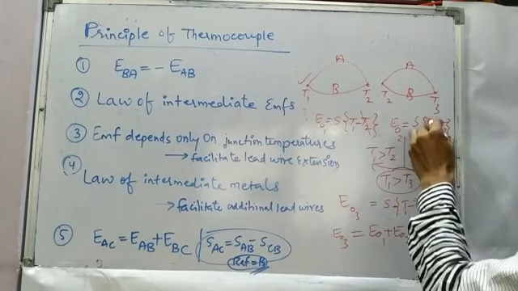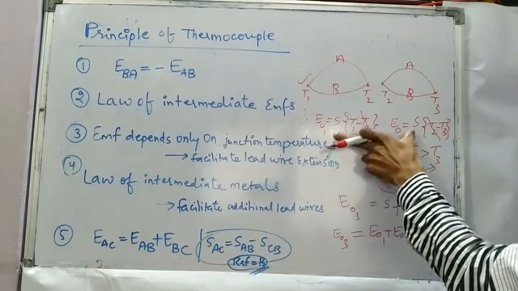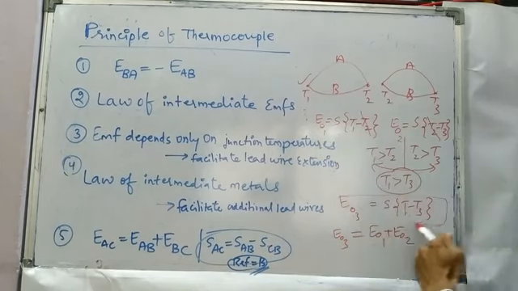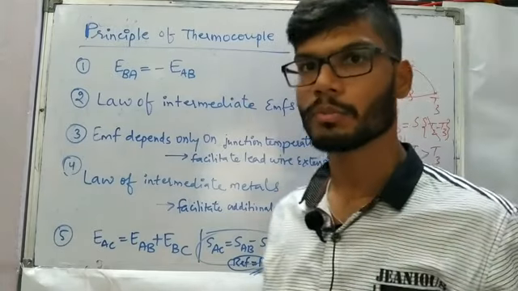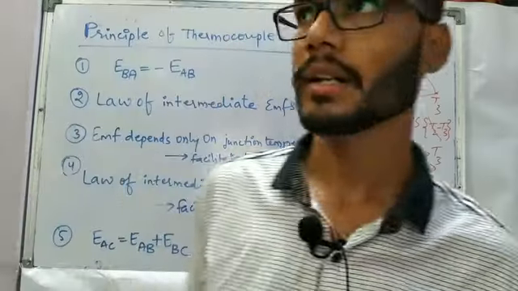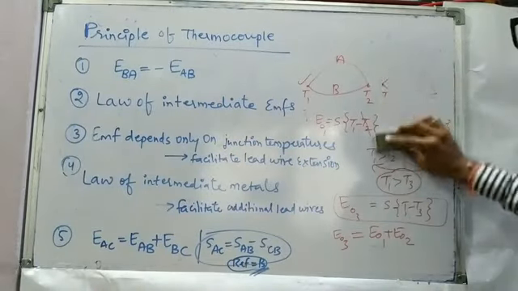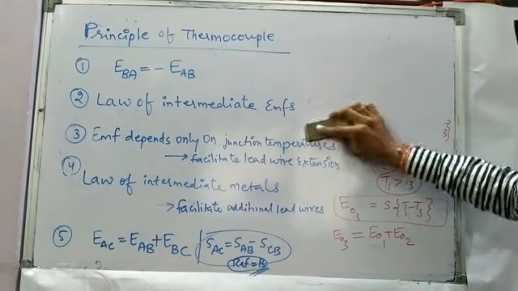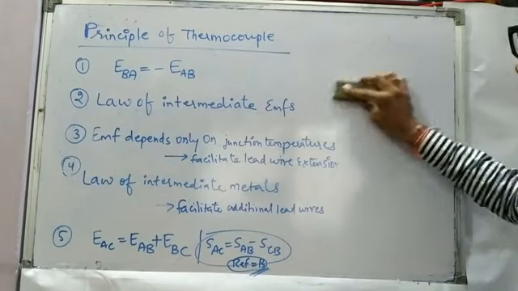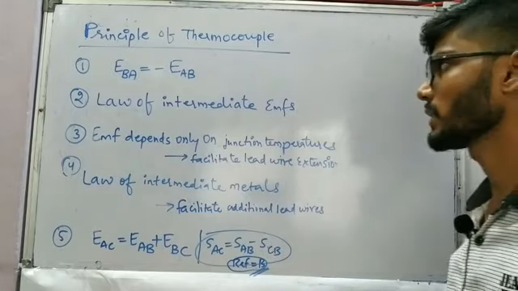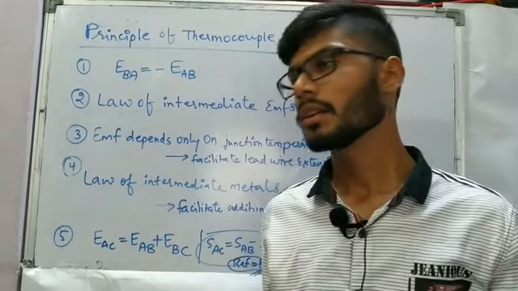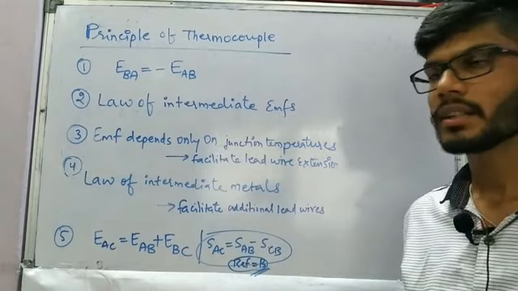So minus T2 and plus T2 are going to get cancelled, sensitivity is taken common, so T1 minus T3 is going to come out as E03. So the output voltage E03 is going to be the summation of E01 and E02 as long as the thermocouples are the same. So if we are measuring three temperatures, one is being measured as difference T1 minus T2 and another one is T2 minus T3, and if we wish to know the relation between T1 and T3, we can simply add the EMFs.